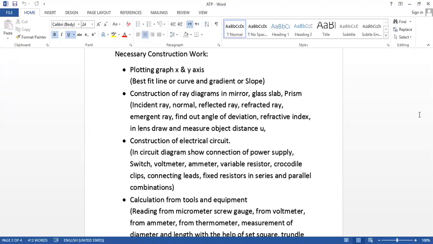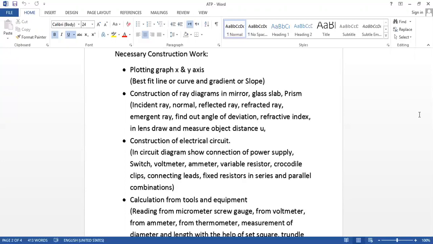Now what is a best fit line? It means that you will estimate an accurate graph. If you have 5 different values, it is not necessary to join all the points together.